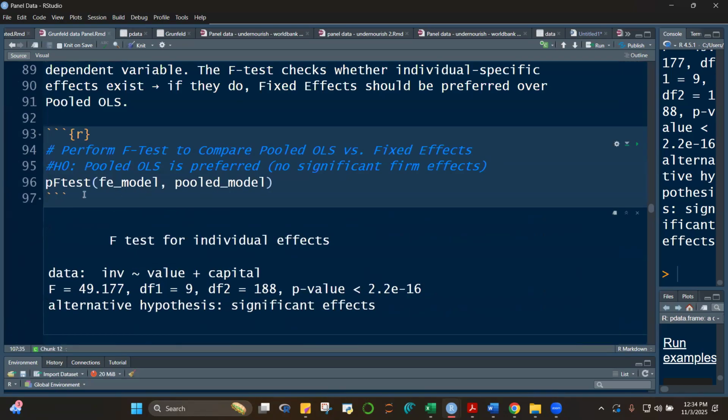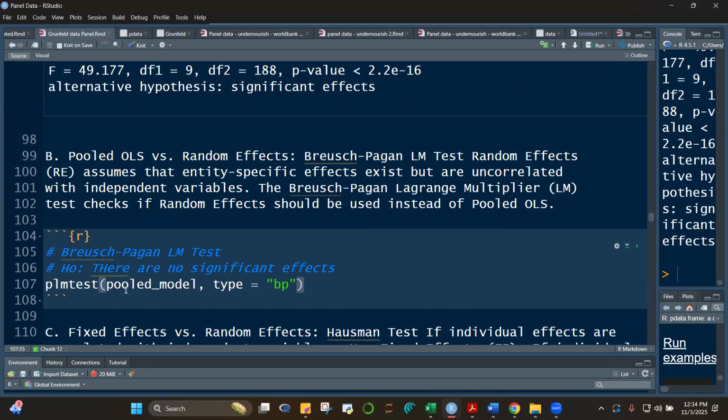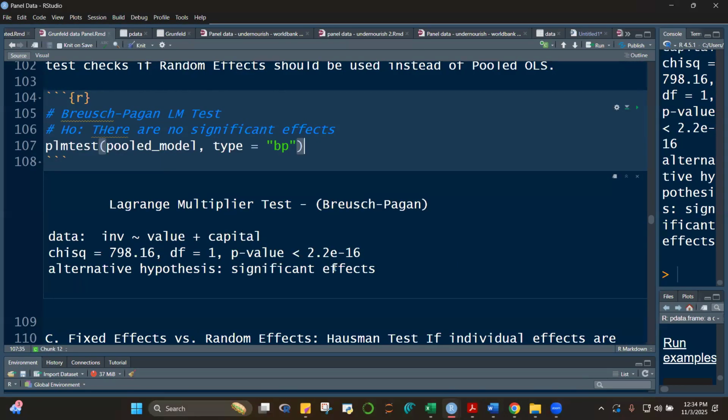Okay, ito PF test plus ito PLM test, and then type lagay natin Breusch-Pagan, run natin to, class. So we can see here also that the p-value is less than 0.05. Therefore, we reject the null hypothesis that walang significant effects. May difference, class. May difference ay yung mga individual units.